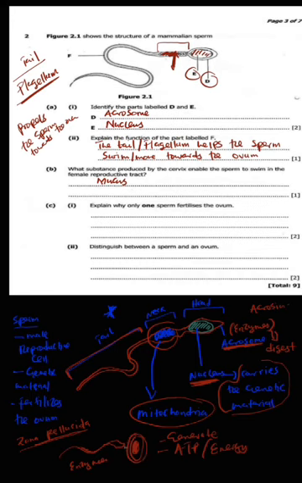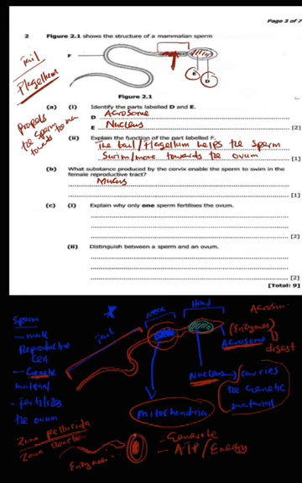Once these enzymes digest the membrane, then the head of the sperm will enter. It's very important that the head enters because we are only interested in the genetic material. So the head of the sperm enters to begin fertilization. Now, once the head enters, there's another reaction that occurs. You can call this the zonal reaction.